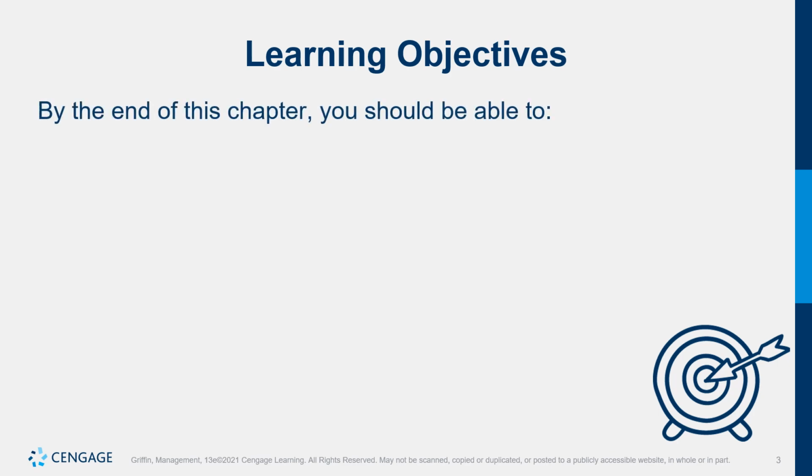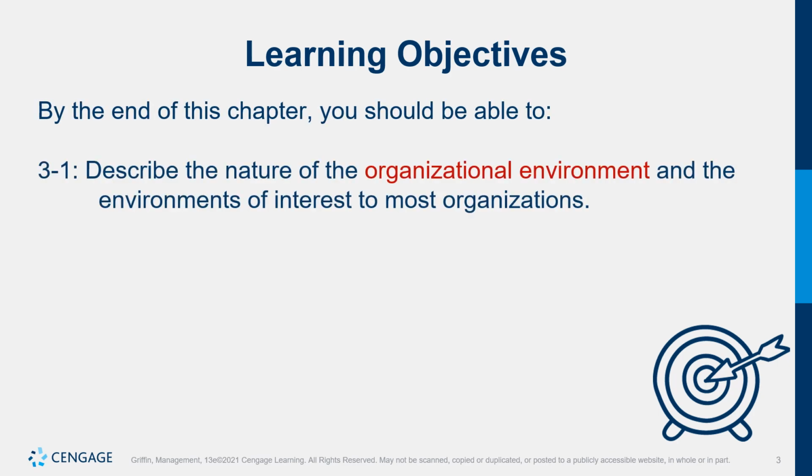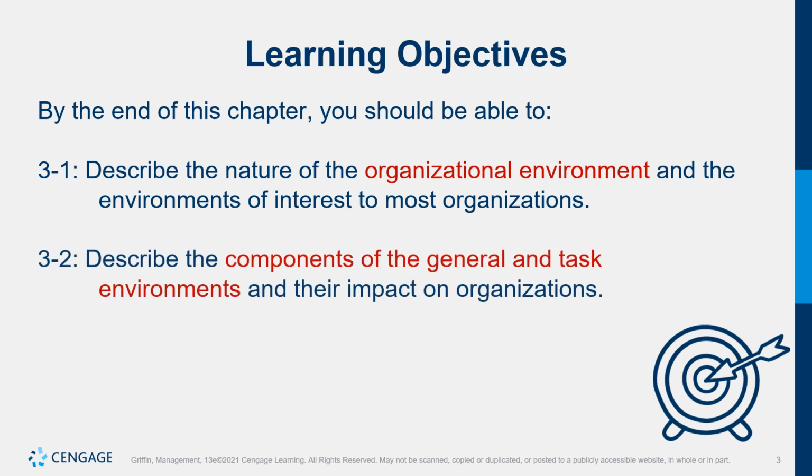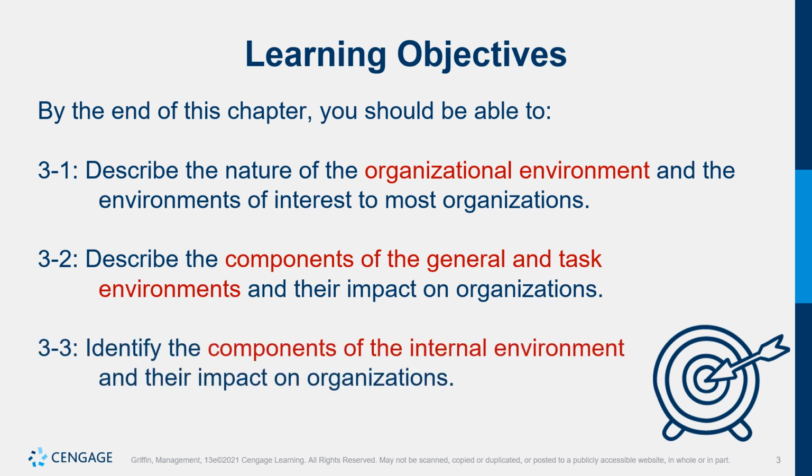Learning objectives. By the end of this chapter, you should be able to describe the nature of the organizational environment and the environments of interest to most organizations. Describe the components of the general and task environments and their impact on organizations. Identify the components of the internal environment and their impact on organizations.